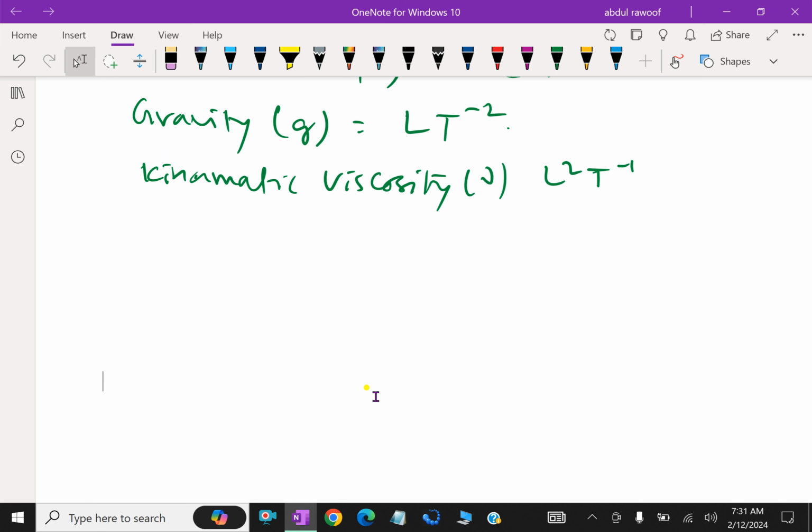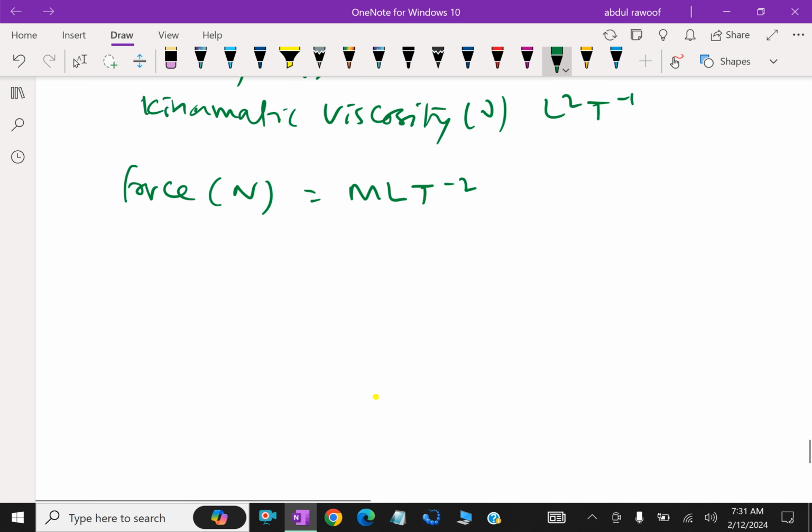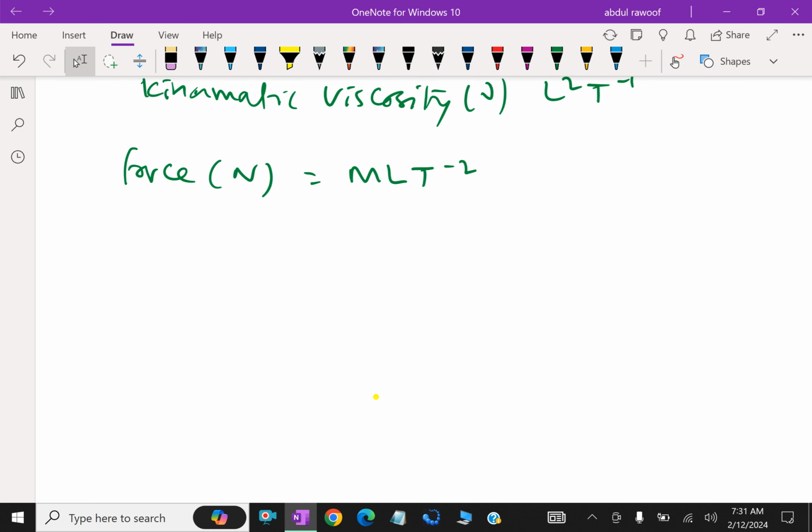Dynamic quantities. Force is Newton, and that is M L T power minus 2, mass into acceleration. Weight is of course a force, M L T power minus 2.